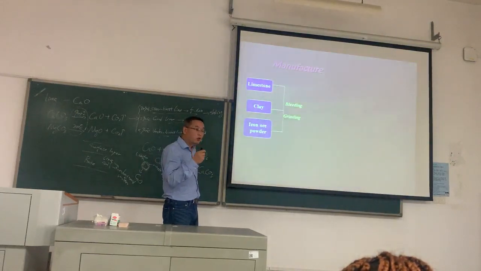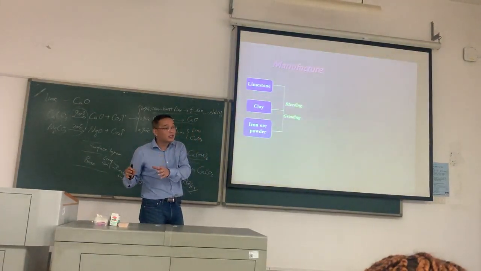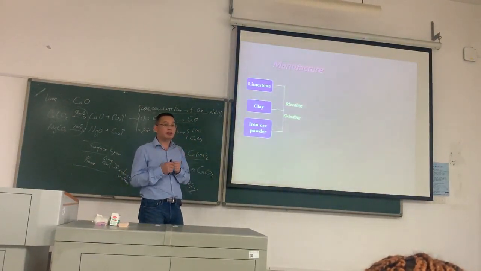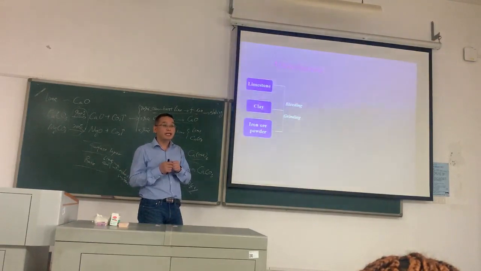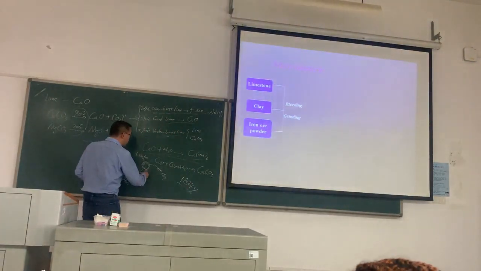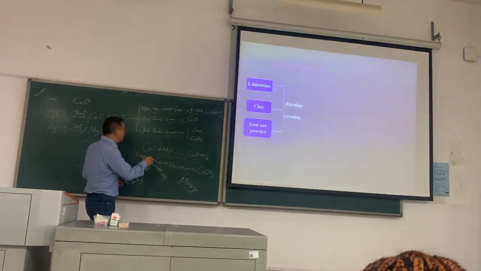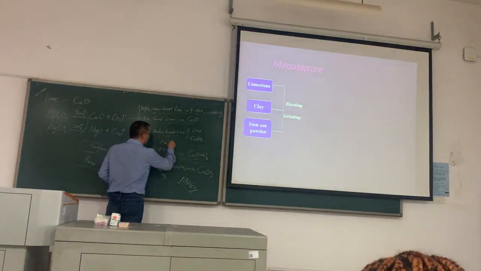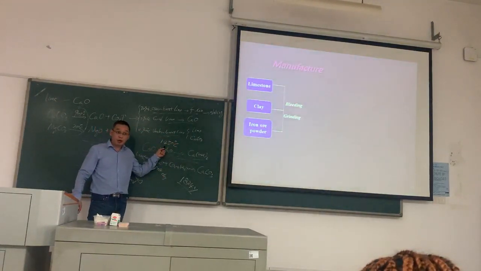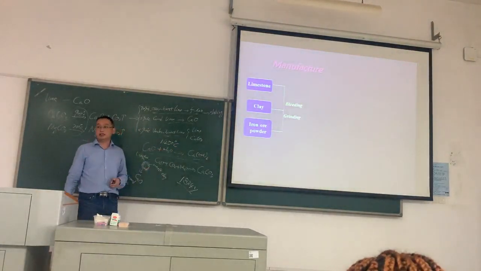Because when we want to produce the cement, it needs the high temperature. How about the temperature? For the production of the cement, the most important temperature is at this temperature we can produce the cement.